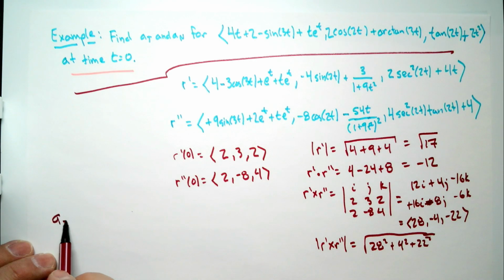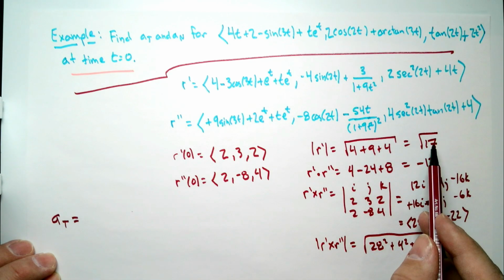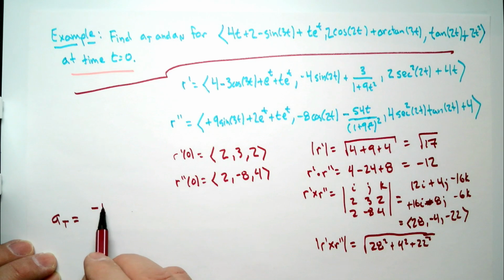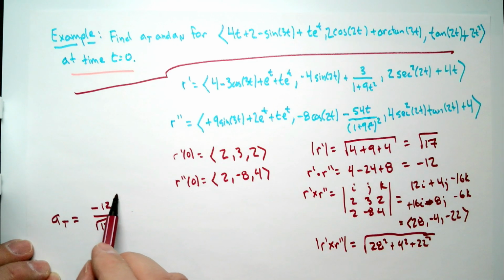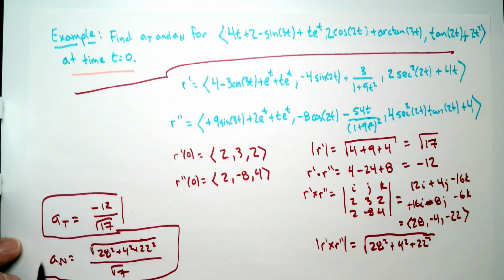A sub t is the dot product over the magnitude. So that's negative 12 over square root of 17. And we just leave it like that. And a sub n, that's square root of 28 squared plus 4 squared plus 22 squared, all divided by square root of 17. And we're done.